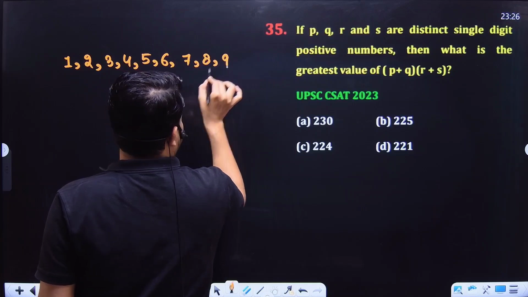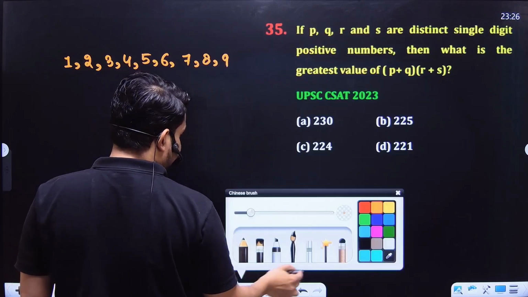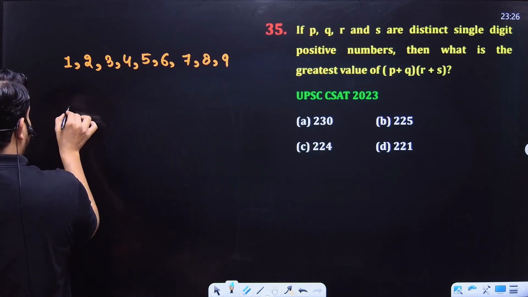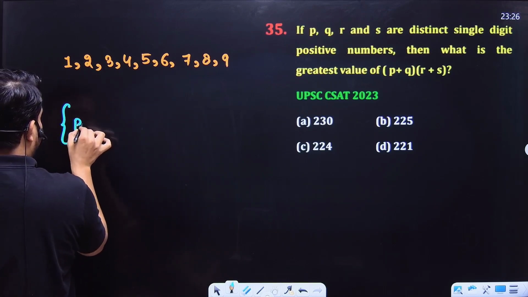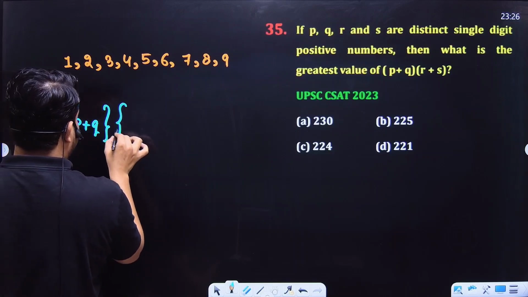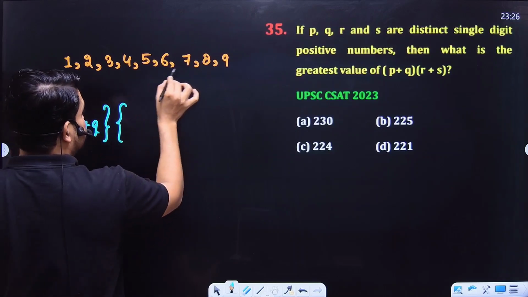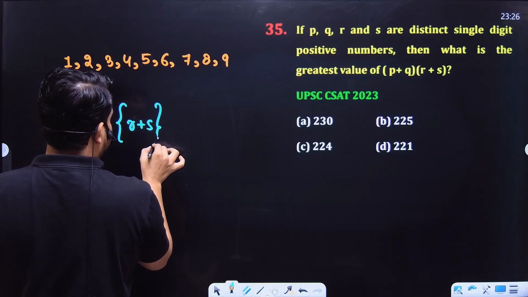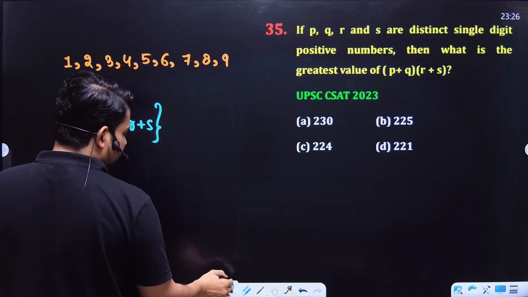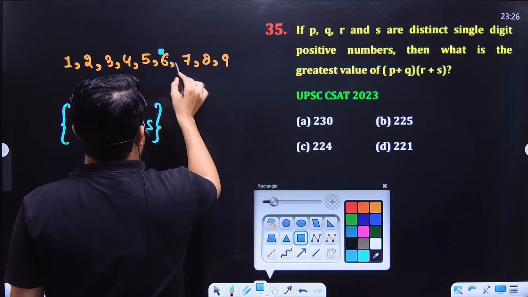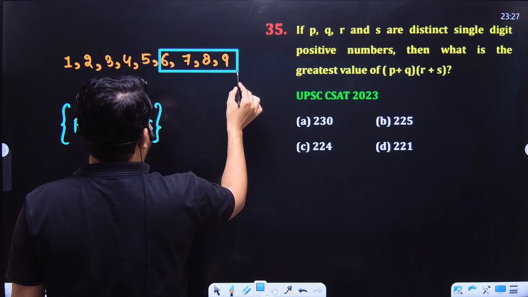These are single digit distinct positive numbers. So I have to write the greatest value of P plus Q into R plus S. I have to take P, Q, R and S from these numbers. If I have to write the maximum value of this expression, it will come from the greatest numbers, and they are 6, 7, 8, 9.